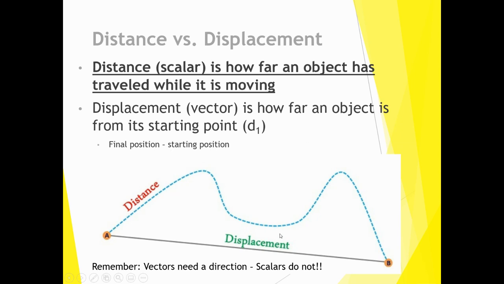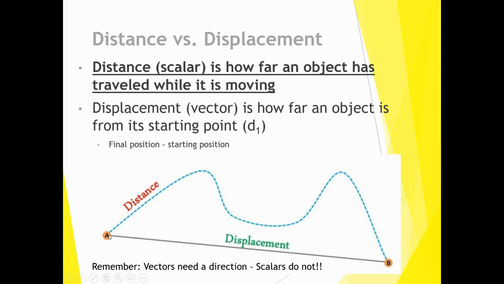So we've got a good sketch here. Initially somebody is at A and they want to go to B. Now they could take this wandering path to get there because maybe there's a building in the way or a tree in the way, and so they can't take a straight line path. And so the distance they traveled is however long this path is.